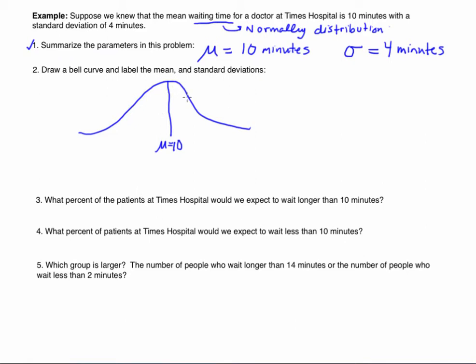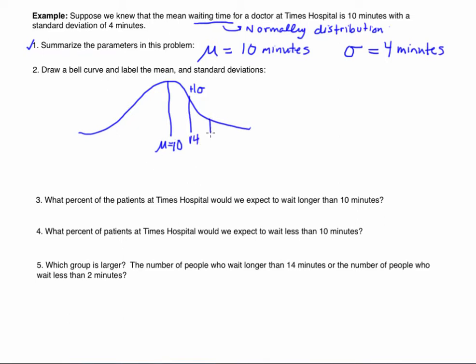What we also know is that if I add 1 standard deviation to 10 minutes, where each standard deviation is worth 4, I am now at an observation of 14 minutes.